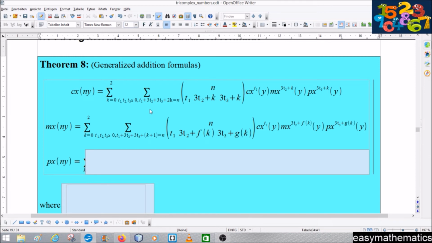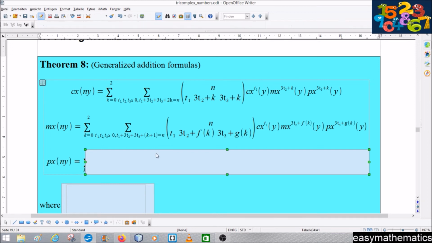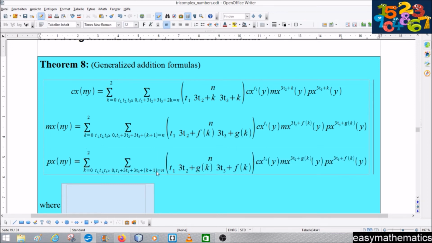See that here we sum over all partitions of natural numbers, t1 plus t2 plus t3 equals n. Here it's k plus 1, and also in the third case it's k plus 1.